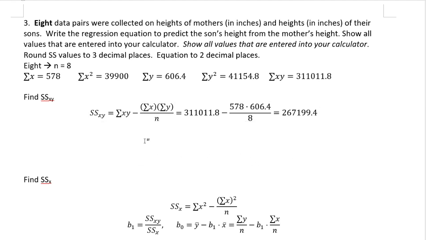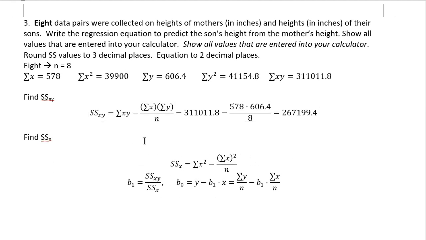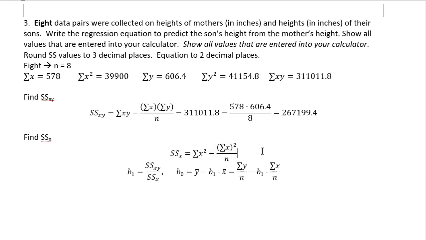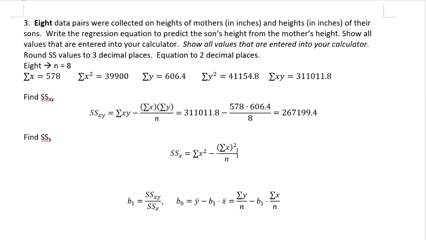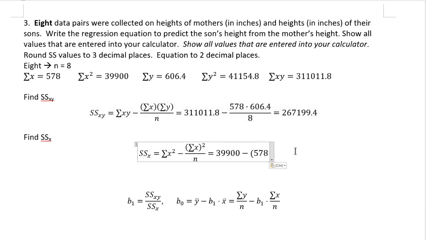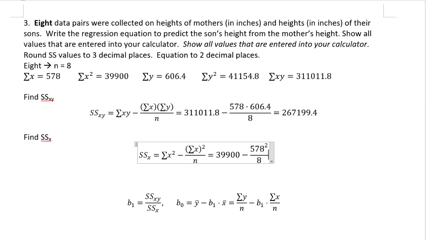Now for SSX, you need to use this formula. And in our case, sum of x squared is this. And then minus, you have to square the sum of x, 578 squared. Then you divide this by the number of items.